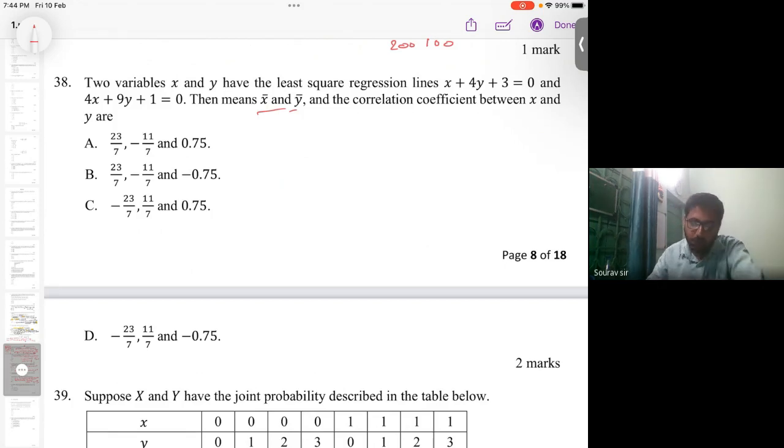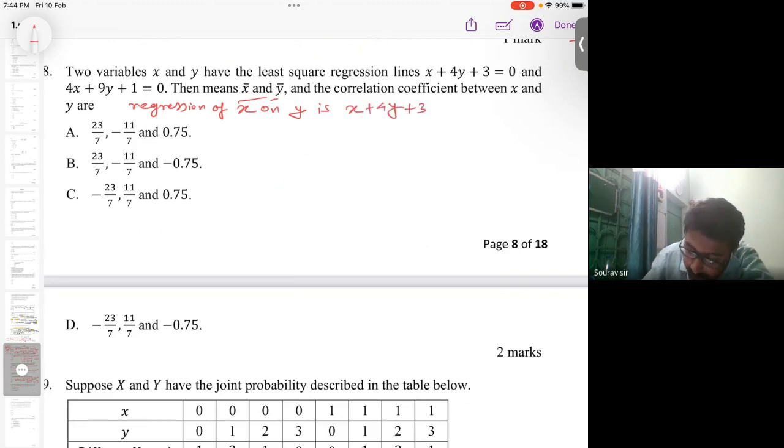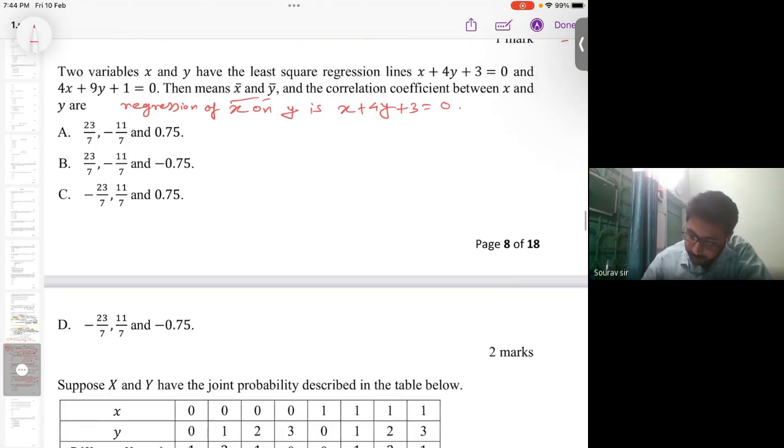Okay. So to solve this, assume that the regression of x on y is x plus 4y plus 3 is equal to 0. This implies x is equal to minus 4y minus 3, if you just adjust it.